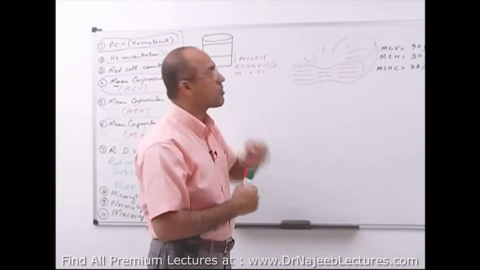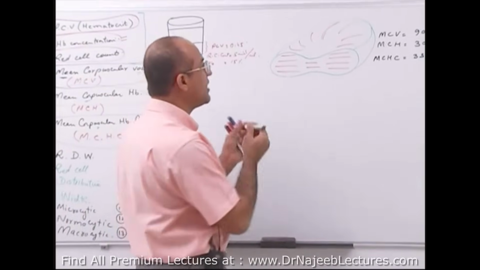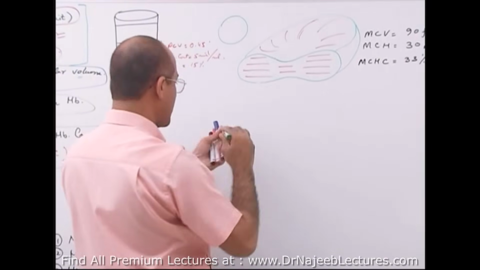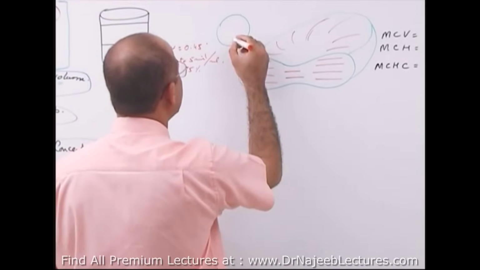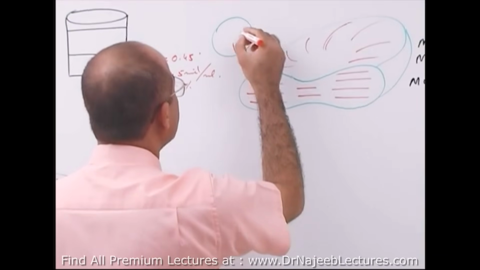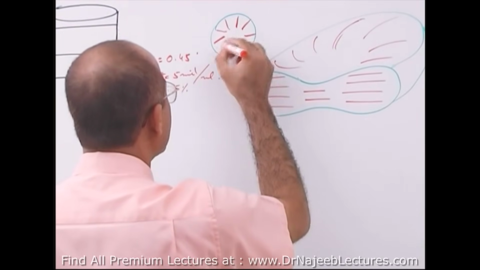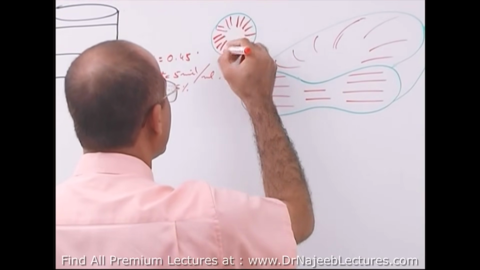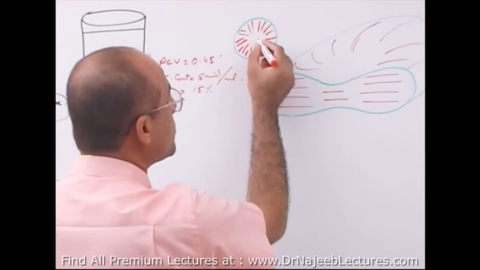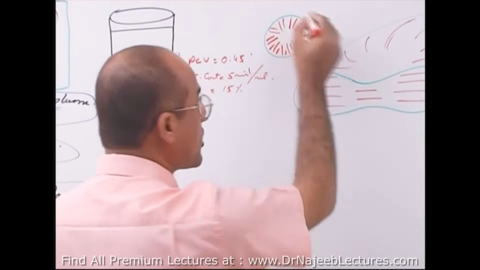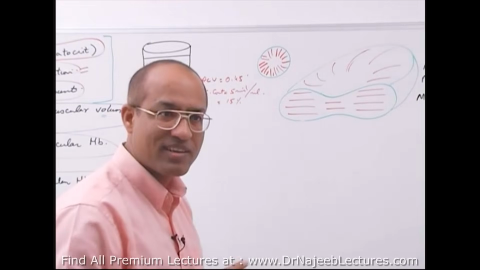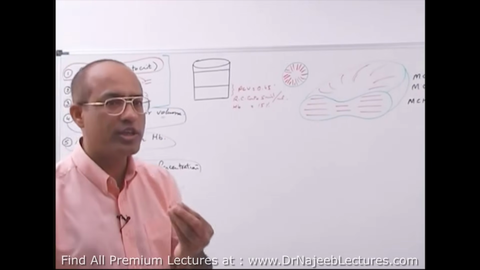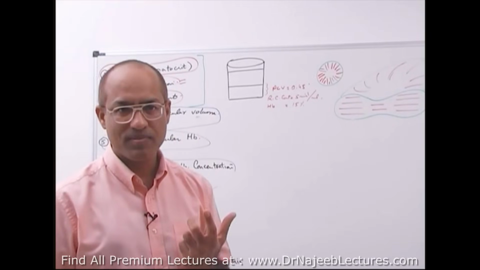So this is the normal situation. If we look at the normal red blood cell from the top, you will see its degree of hemoglobinization. The central 1/3 is pale as compared to the outer 2/3. Is that right? This is the normal shade of a red blood cell.